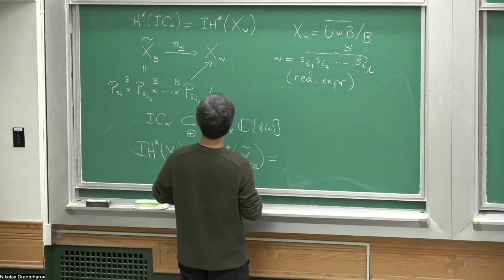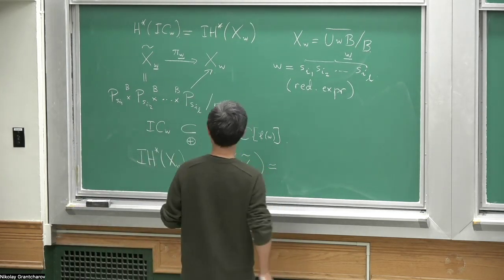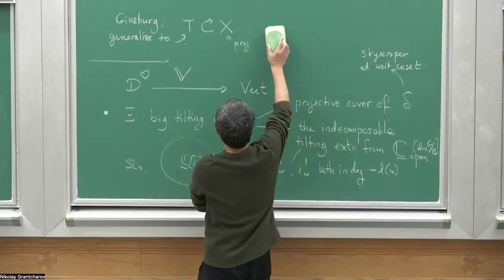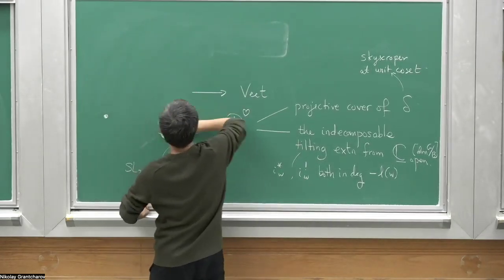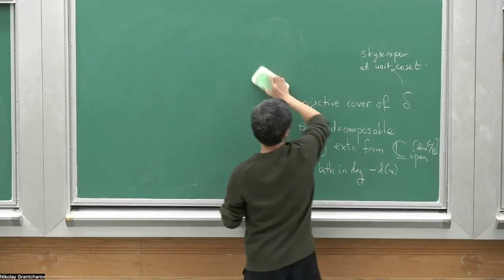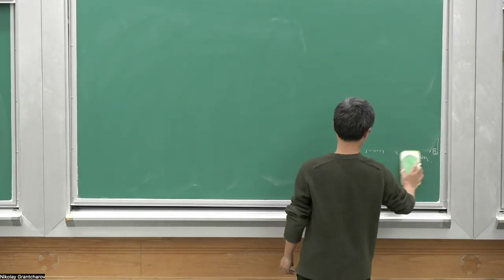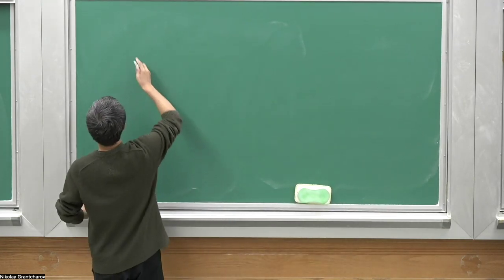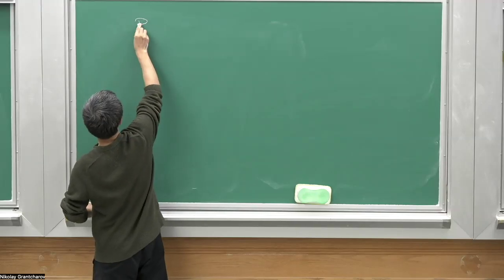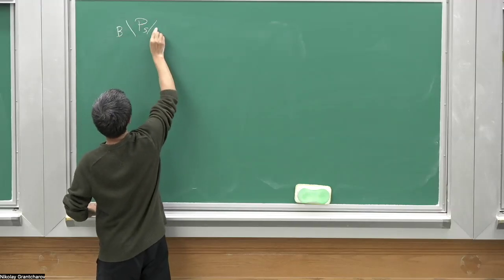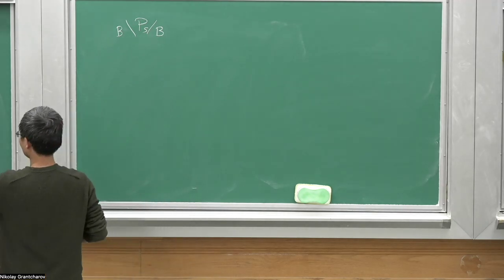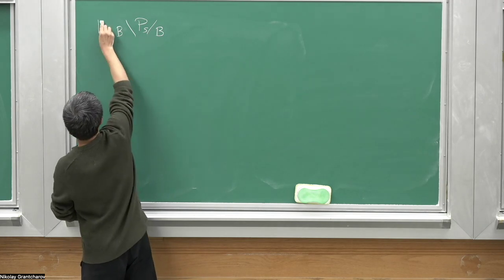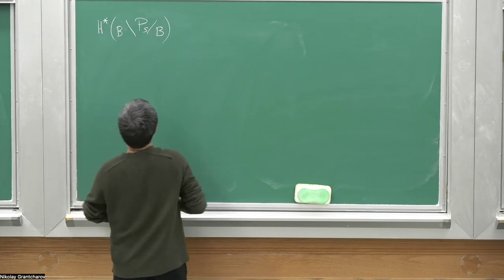The best formula for this is if we do the equivariant version. So if we look at a single case of simple reflection, this is a torus equivariant homology of P1.